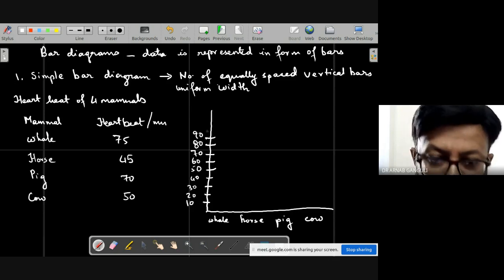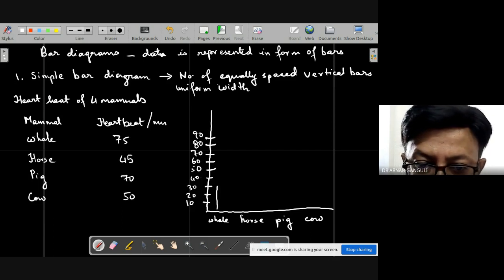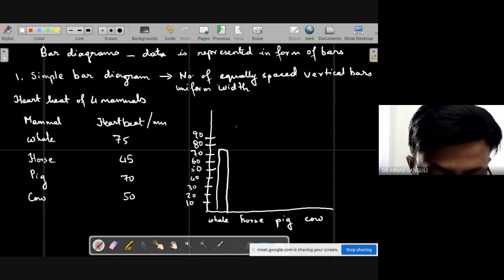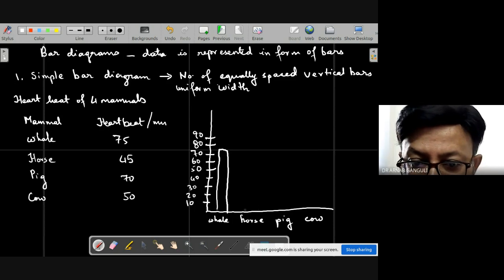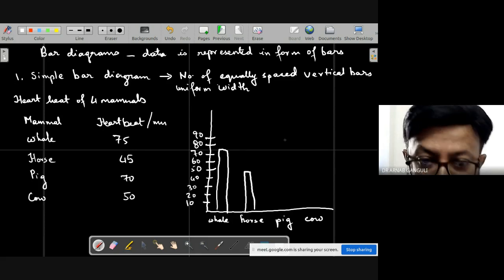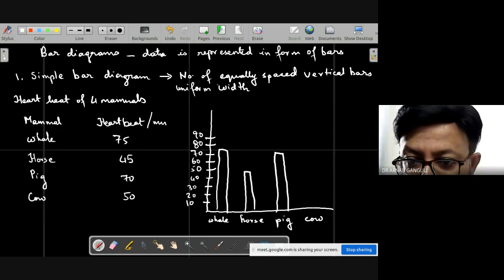Now, whale 75. One drawn like this. Horse 45. Pig 70. Cow 50.